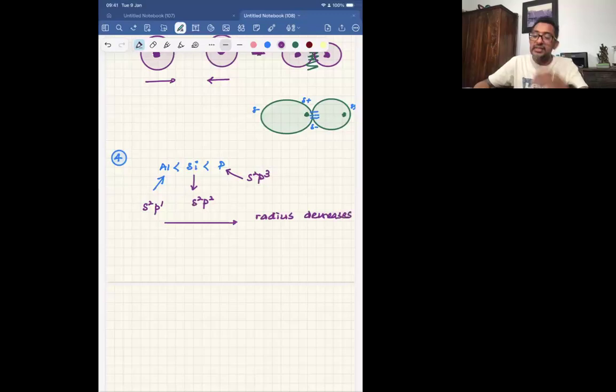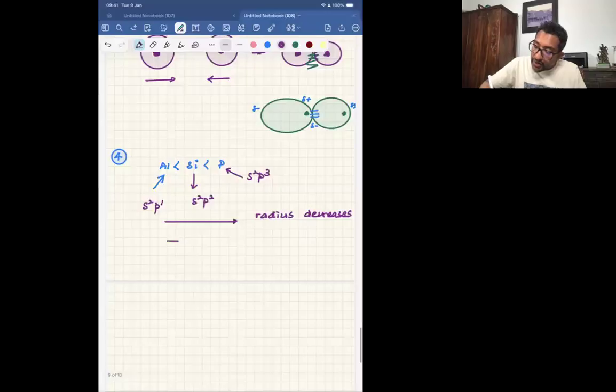If the radius decreases, can you also tell me what happened to the effective nuclear charge across the period? Every time you add one electron and one proton, what happened to the effective nuclear charge? Very good, it increases. So Zeff increases.